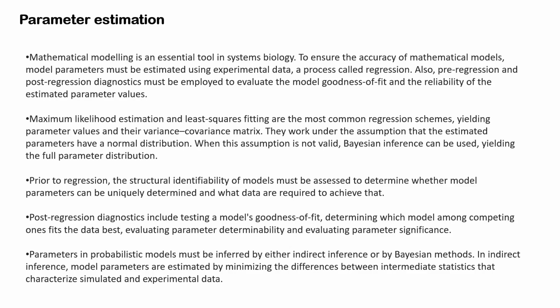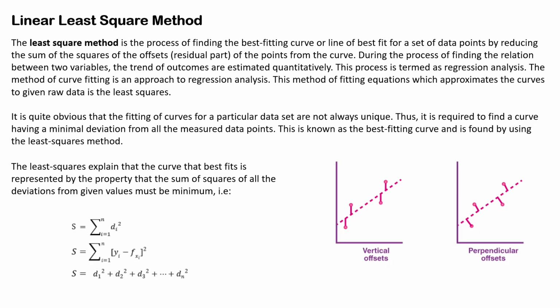Linear least squares and maximum likelihood estimation are examples of that. We'll not use Bayesian methods here, but you can do it using Bayesian methods as well. We'll look at how the predicted values are differing from the experimental values, and we'll try to minimize that.